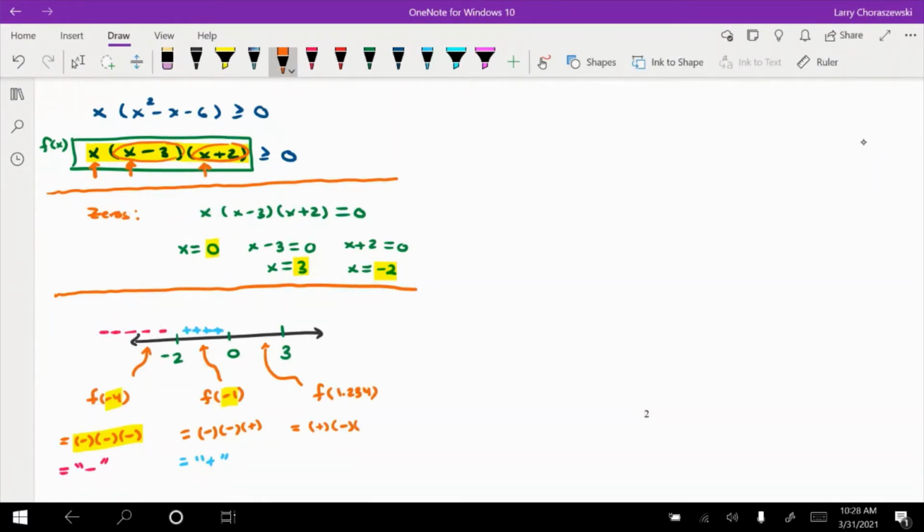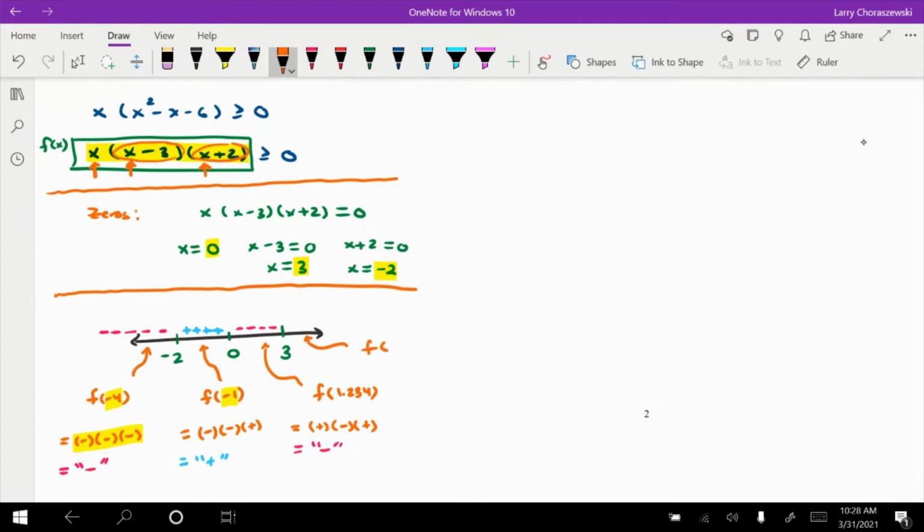And then 1.234 plus 2 will give us a positive number. Now, what is the end result of a positive times a negative times a positive? In honor of Arnold Schwarzenegger, negative. All right, then get to the chopper.